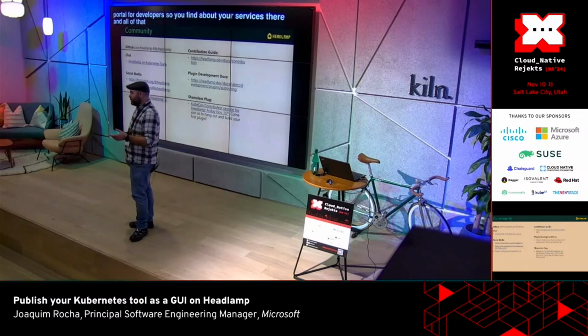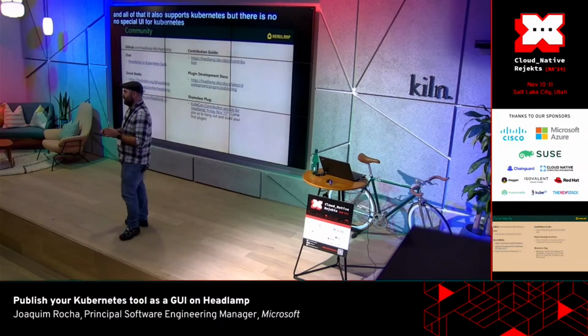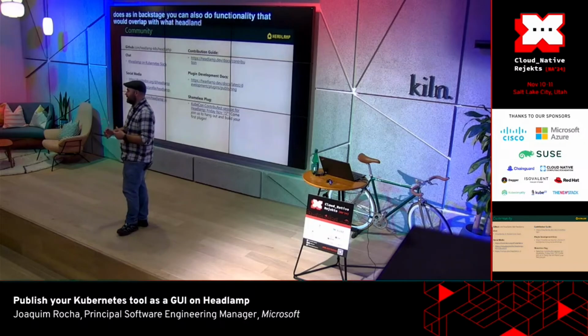It also supports Kubernetes, but there is no special UI for Kubernetes. We are focused on Kubernetes, right? So you don't go there to create a developer portal. I guess you can create a plugin that gives some functionality that would overlap with what Backstage does, as in Backstage, you can also do functionality that would overlap with what Headlamp has as its base.